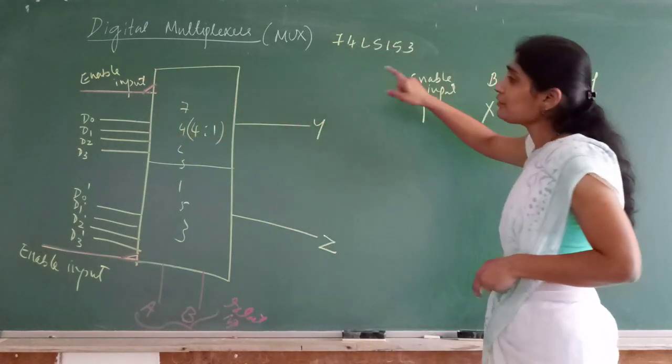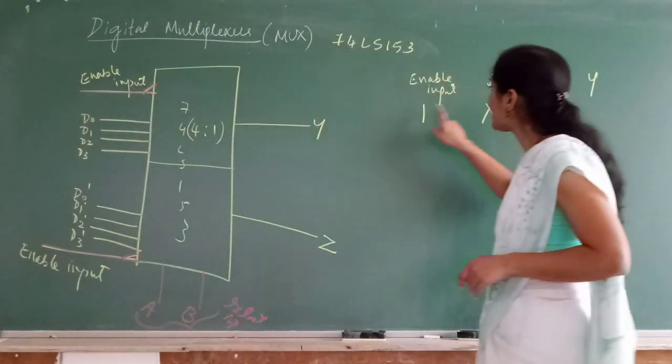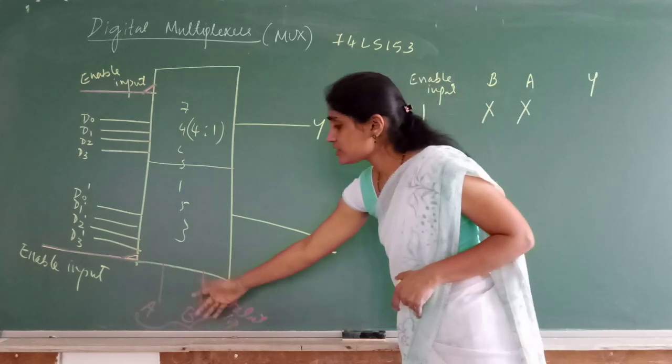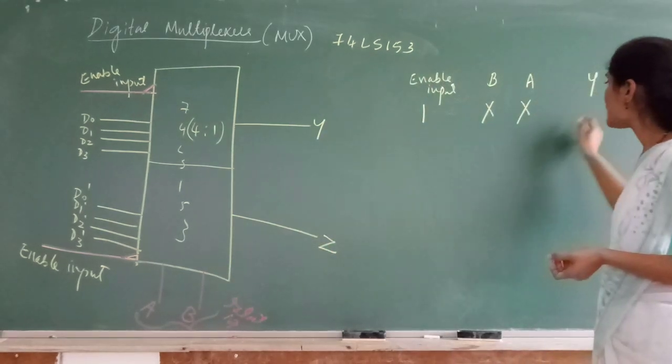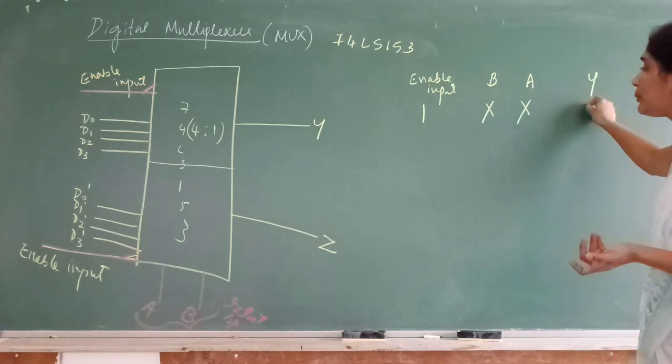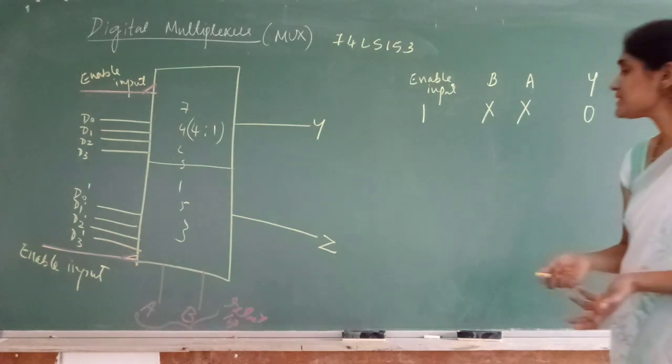If I connect the enable input to logic 1, whatever select inputs you give, you don't get any output. So Y is 0. You will not get any output. No input line will be selected.